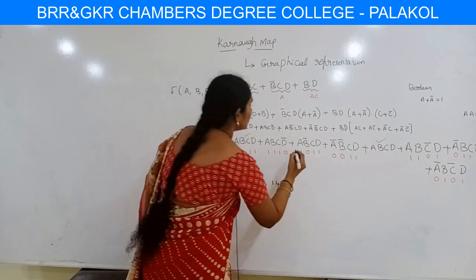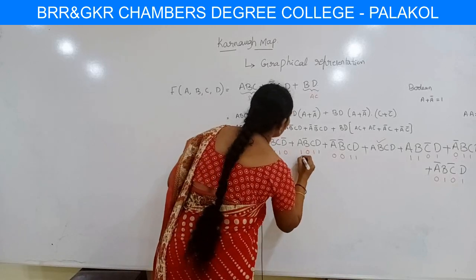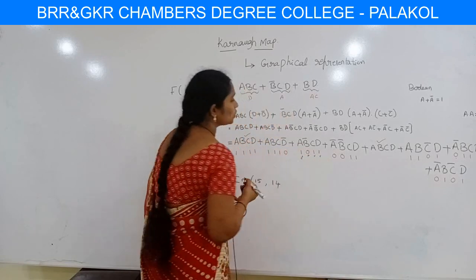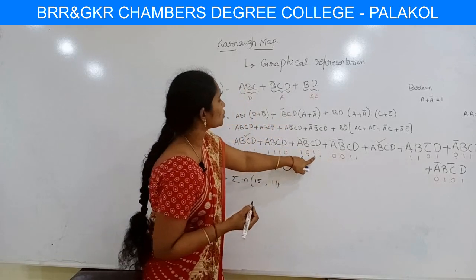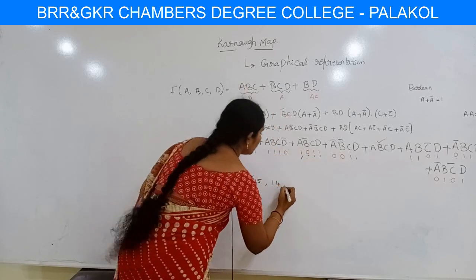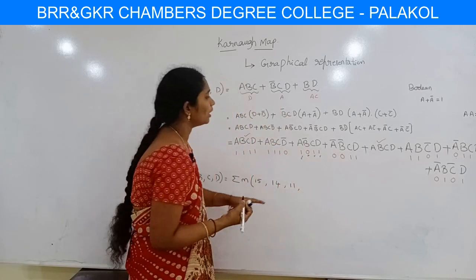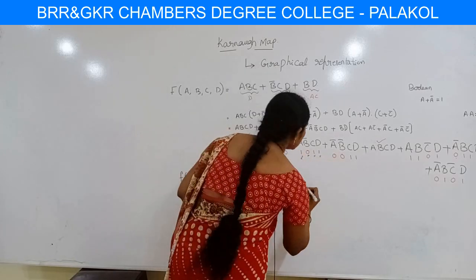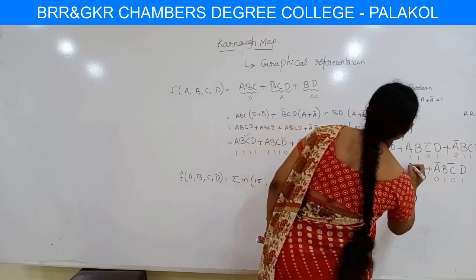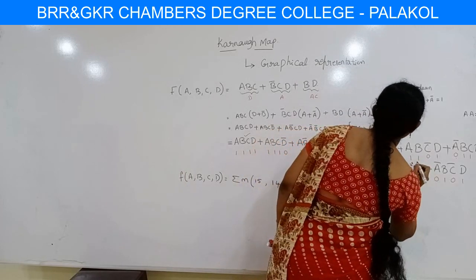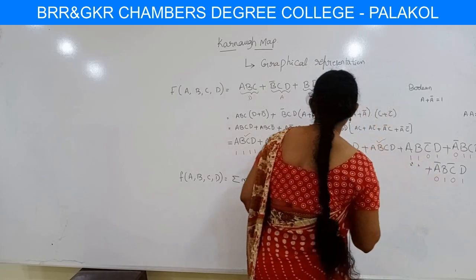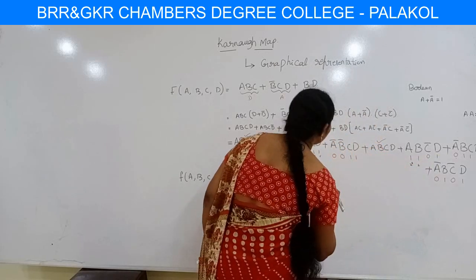So here this is 2 power 0, 2 power 1, 2 square, and that is 2 cube. So 8 plus 2 is 10 plus 1 is 11. So this number is 11, and after that this number is 3, and after that this number is 2 cube plus 2 square, 8 plus 4 is 12, 12 plus 1 is 13.